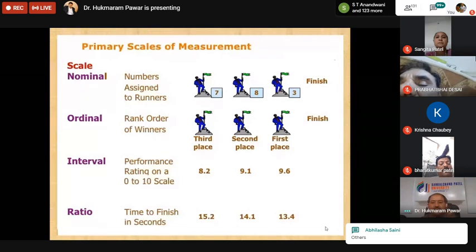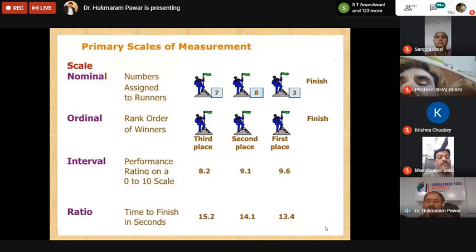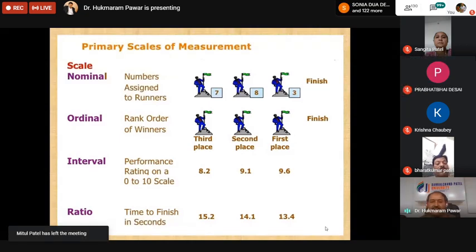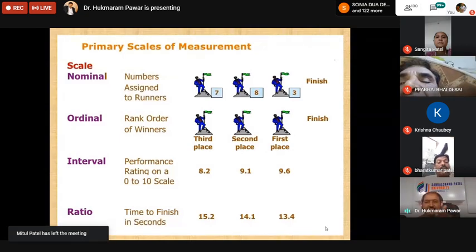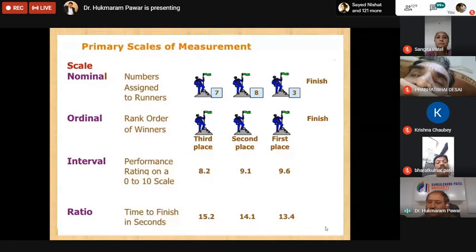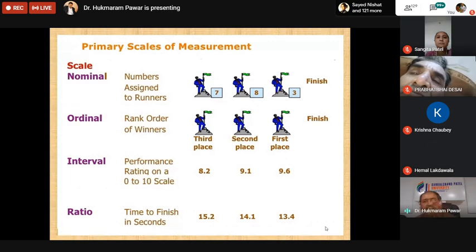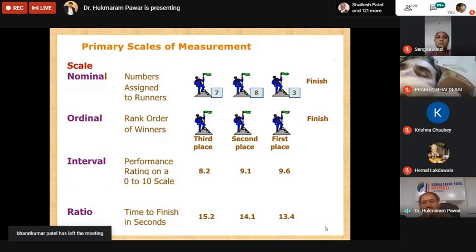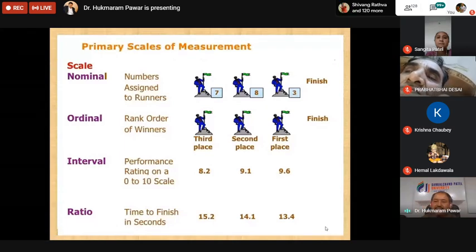Here the first number is 3, then 8 and 7. There is no relation between 7, 8 and 3. You cannot make a total of 7, 8 and 3. It is just a number, just an identification code. Anybody can be number one or number 3 or number 10. So this number has no use, it is just identification. Then comes ordinal.